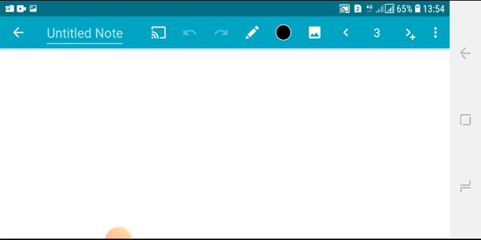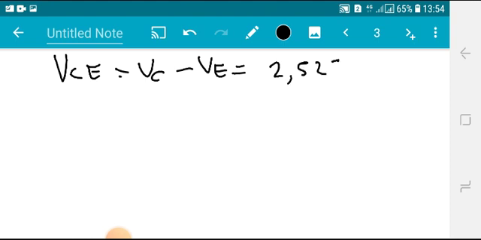Now I have to determine an important factor because I assumed active mode. Let's see if this assumption is correct. To see if this assumption is correct, we have to figure out what the value of VCE is. The value of VCE is VC minus VE, and my VC we said was 2.527 minus 5.3 volts, right? And of course this should be impossible because you can't go from a lower potential to a higher potential just intuitively.